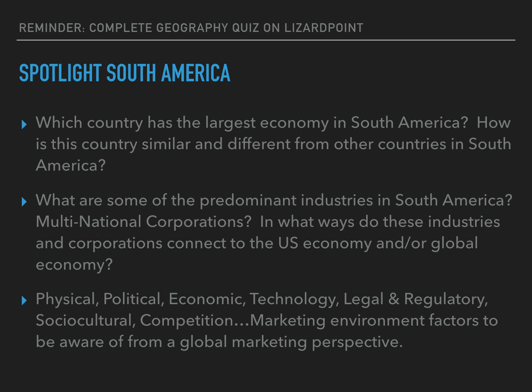What is a physical, political, economic, technological, legal and regulatory, sociocultural, and competitive landscape in that marketing environment? Those are the things that if you're looking at that continent or this area of the world through a lens of a product or a company or even a campaign you thought went well, you could do further research on each of those variables and how it connects to the lens in which you're looking at.